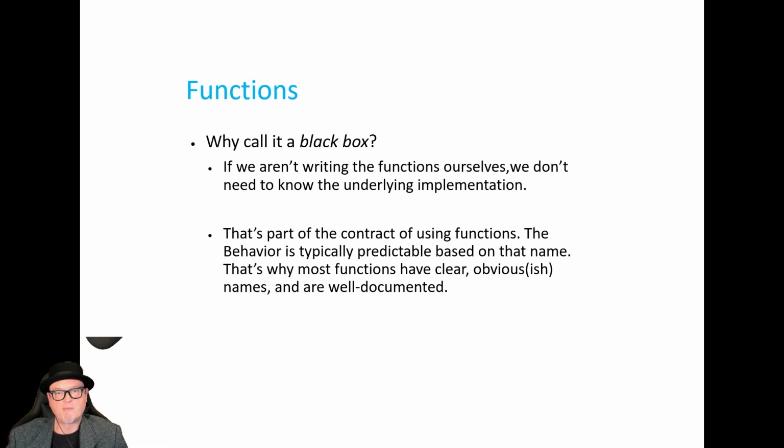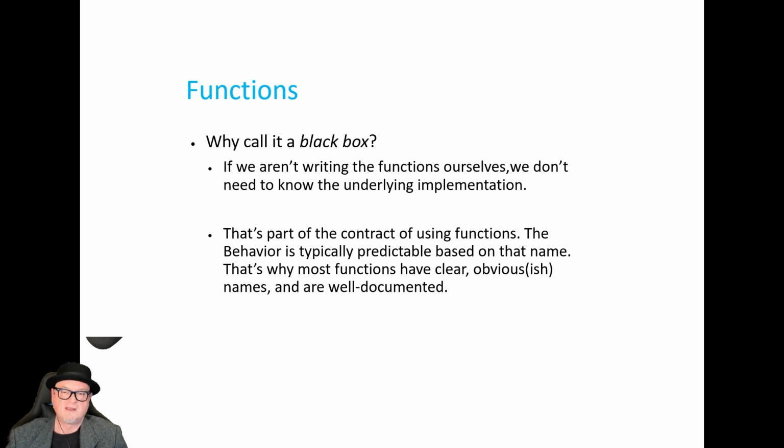The name being mult, we guess that it multiplies some integers, and if we see the definition of how many arguments there are, we could easily figure out how to use that function effectively. So philosophically, that's part of the contract. You're using the function. The behavior can be predicted on the name, and at worst, we refer to the manual.